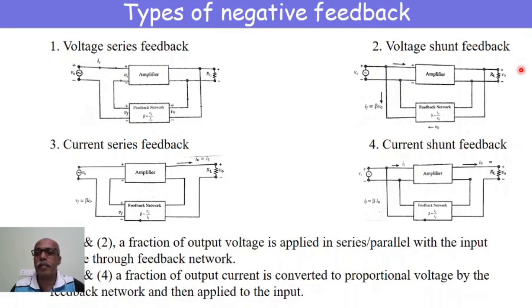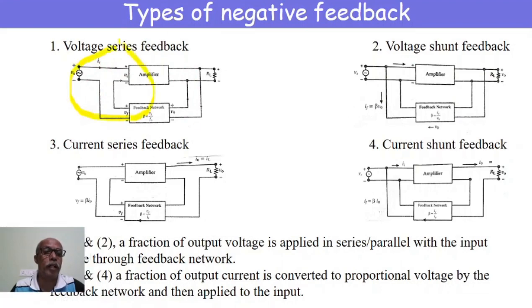In the second case, the same feedback is applied to the input but in parallel way. The output voltage is fed back to the input signal in parallel, whereas in the first case, the output voltage is fed back to the input in series way. You can observe the difference.